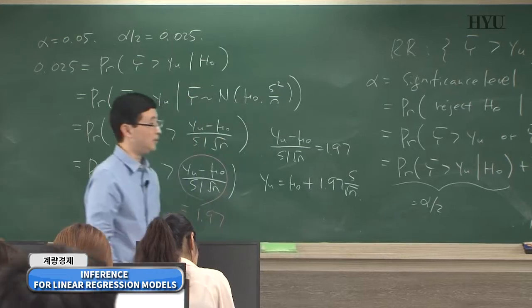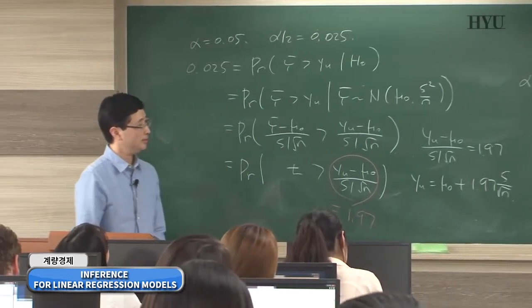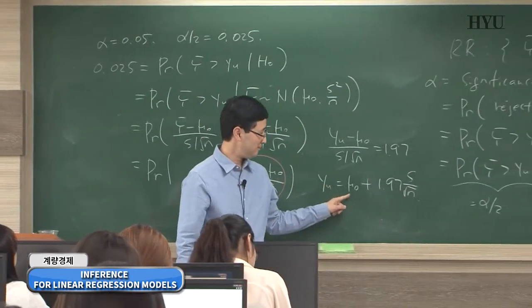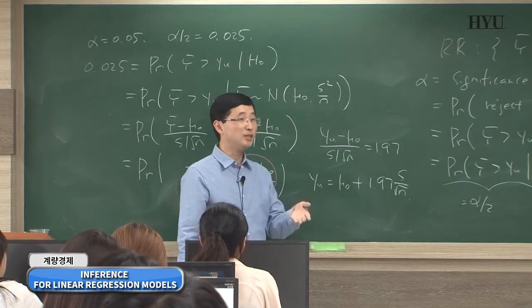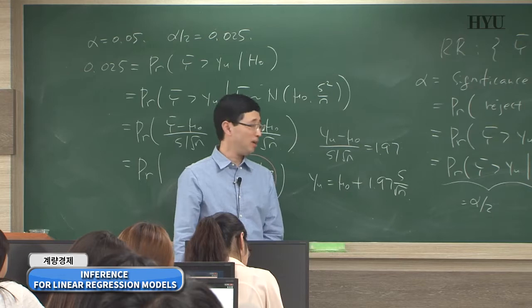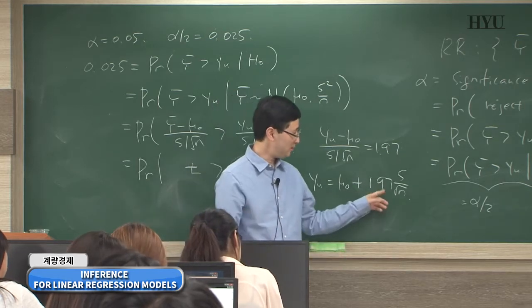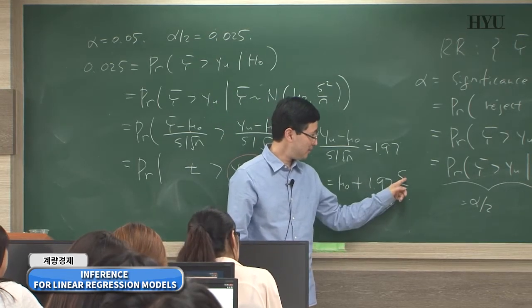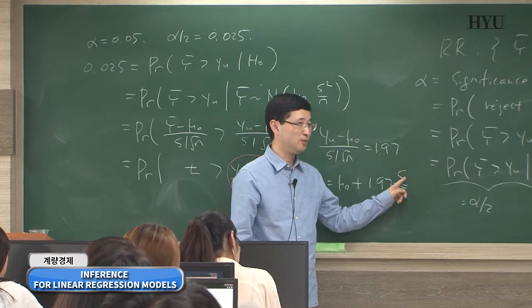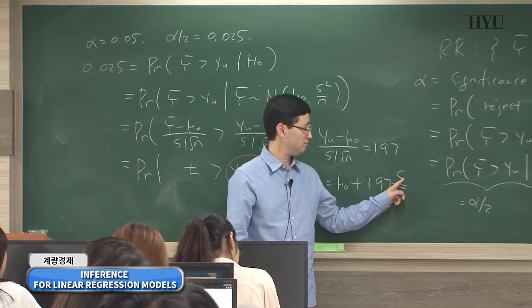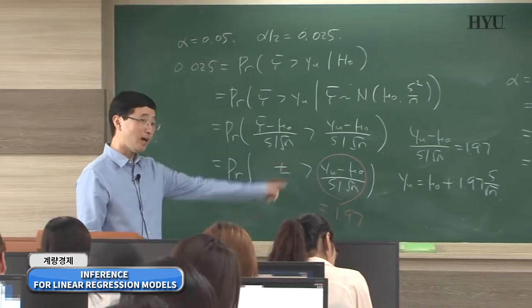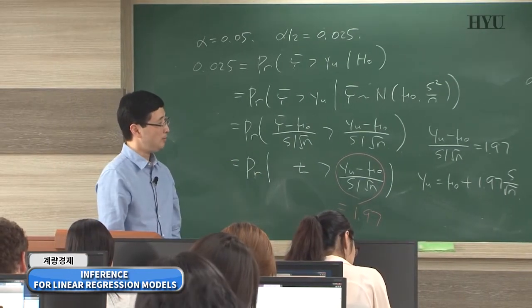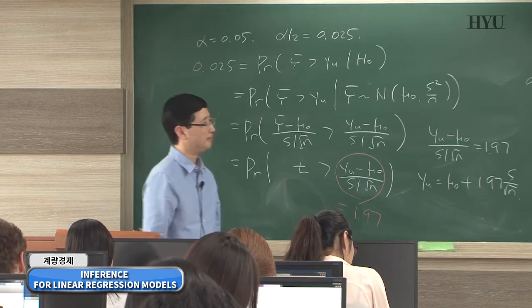Okay? So that's how you determine a rejection region. So mu null, the center, is given by the null hypothesis. 1.97 is just a number. This is the sample standard deviation, something you can calculate, over the square root of the sample size. So everything here is calculable. So that's how you determine the right-hand side.